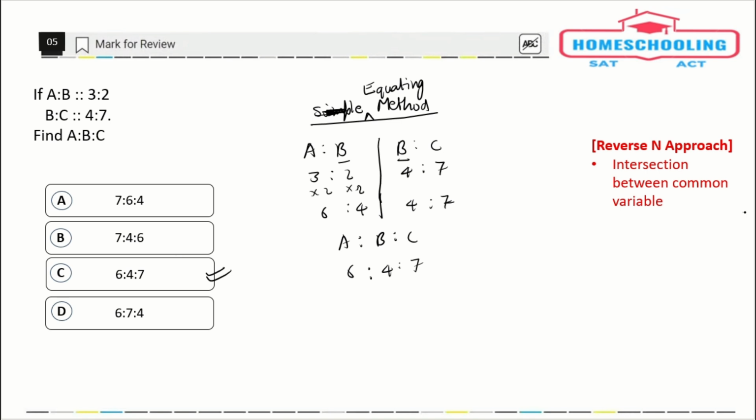Now let me show you one more trick to solve this. This is called the reverse N approach, as this is your normal N, but you reverse it.